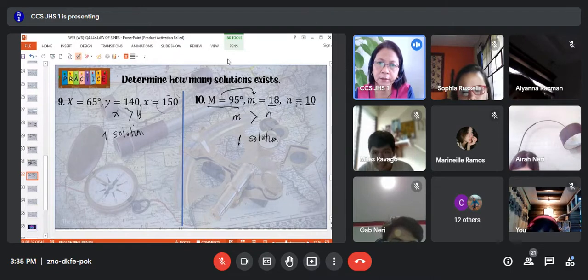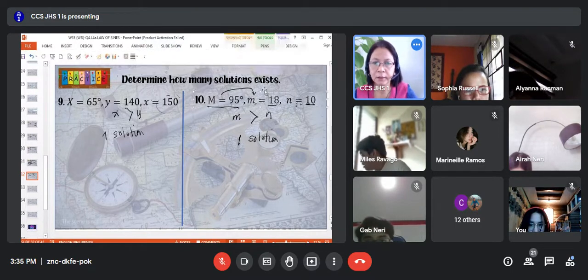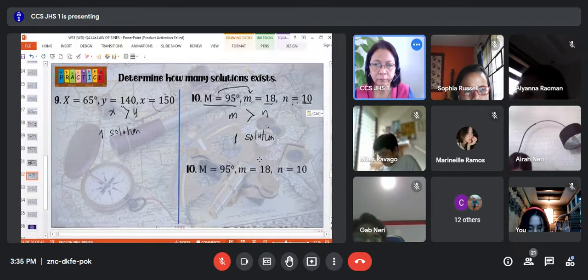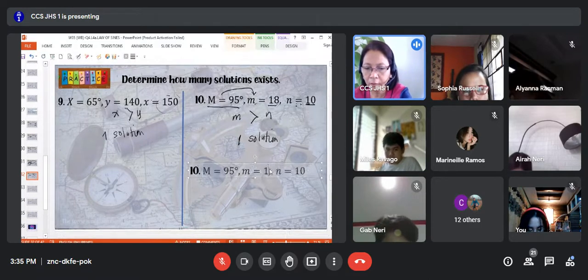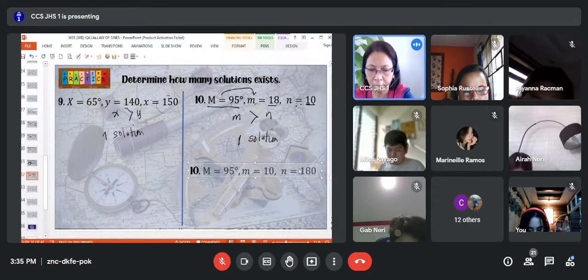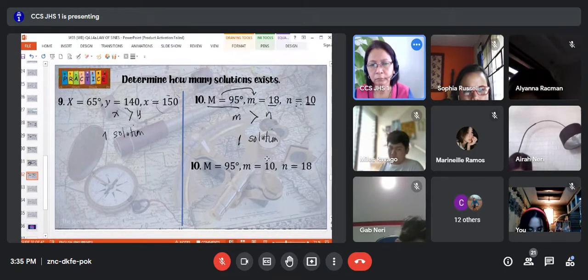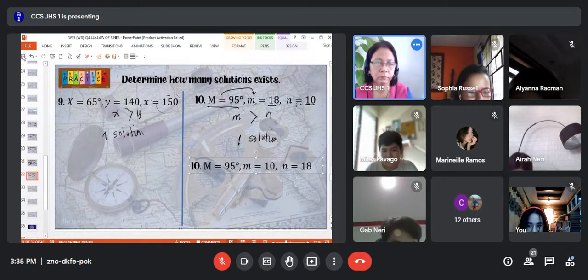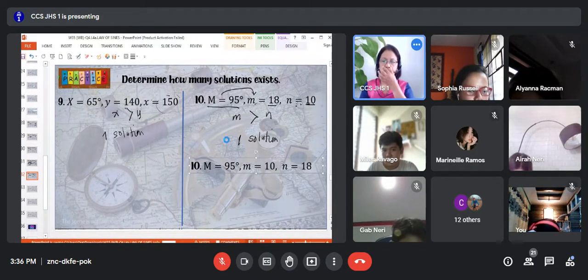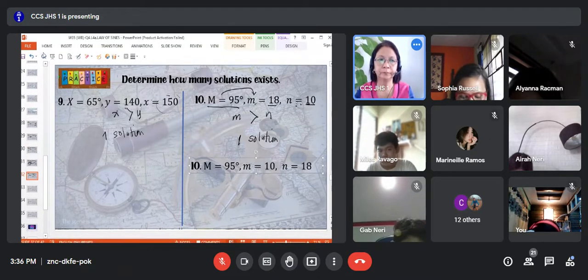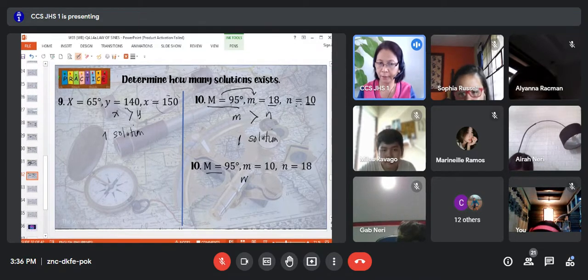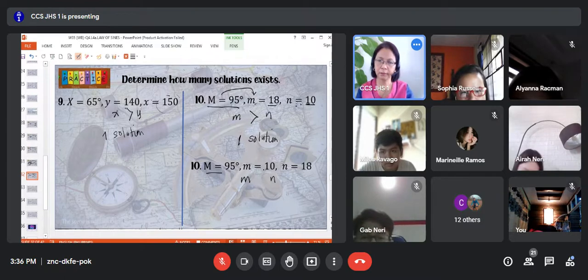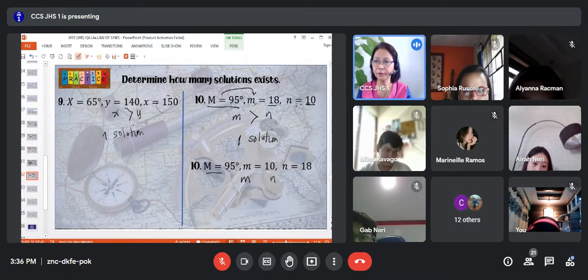But if I'm going to make this, this is our 10, this is 18. Okay, obtuse angle, compare M with N, 10 and 18, less than or greater than?